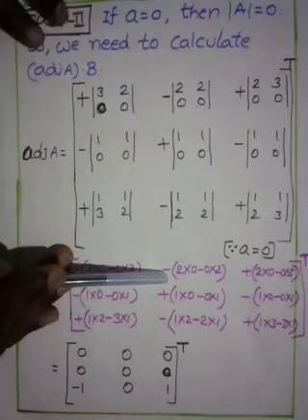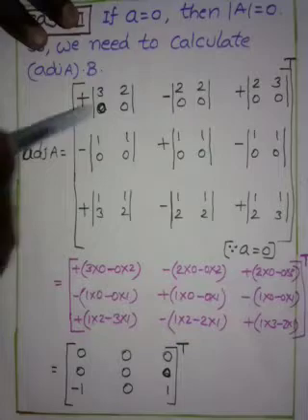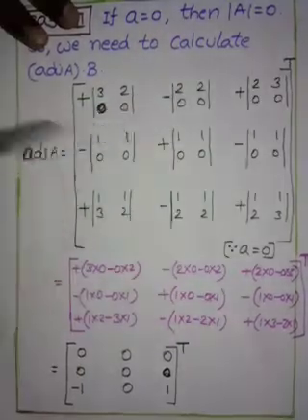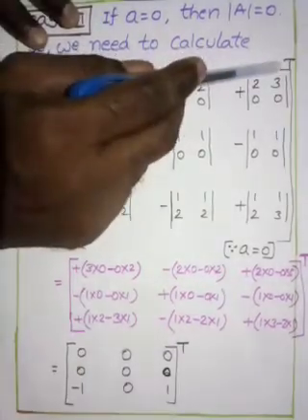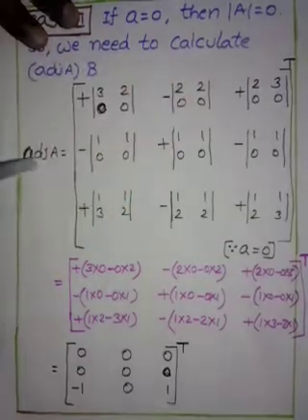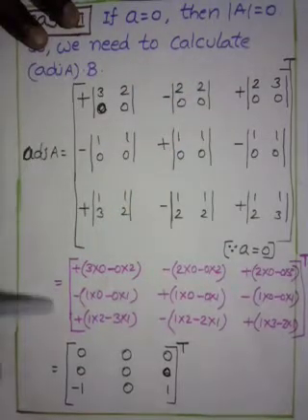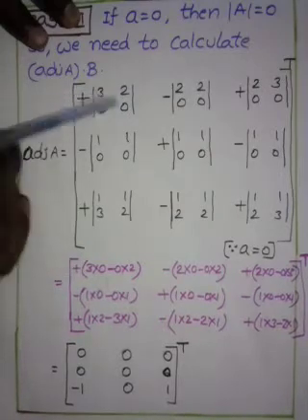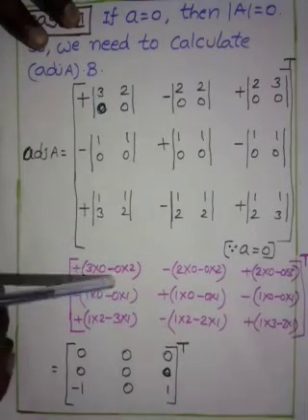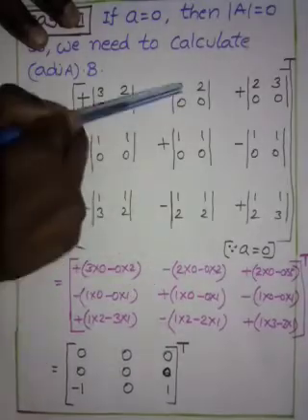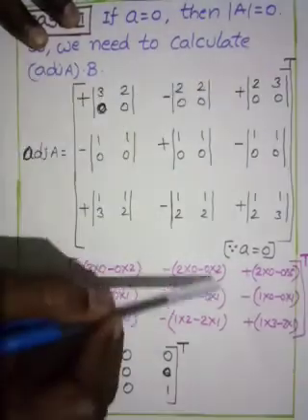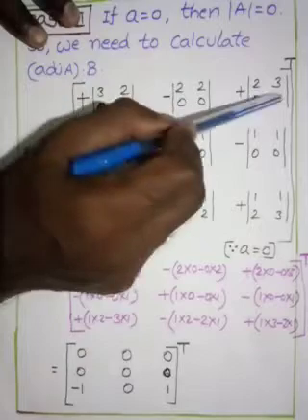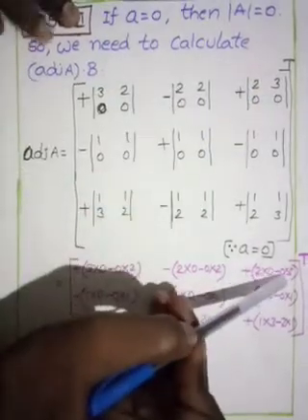Okay, my children, this is nothing but the cofactors matrix. If you take its transpose, then we get adjoint A. Understood? That is equal to, here, plus 3 into 0 minus 0 into 2, minus of 2 into 0 minus 0 into 2, plus 2 into 0, 0 into 3.